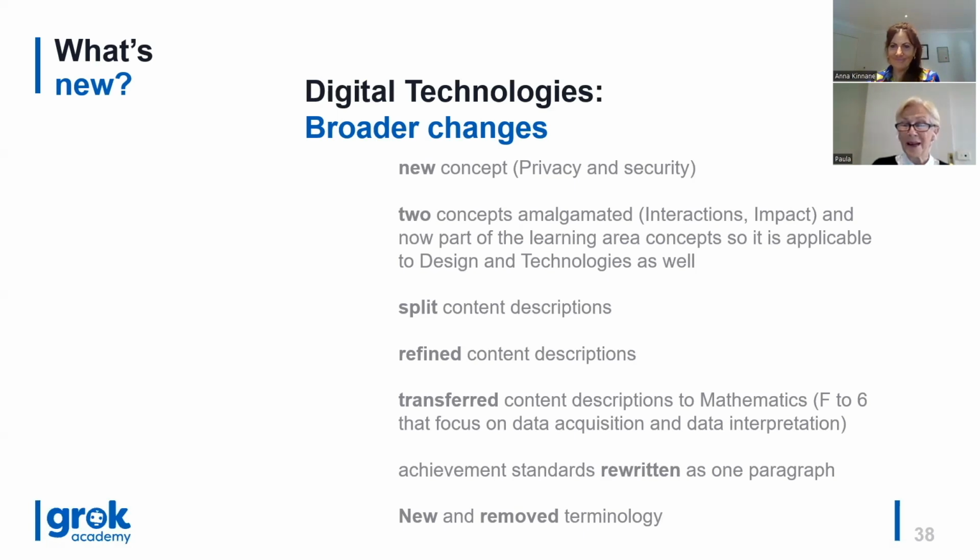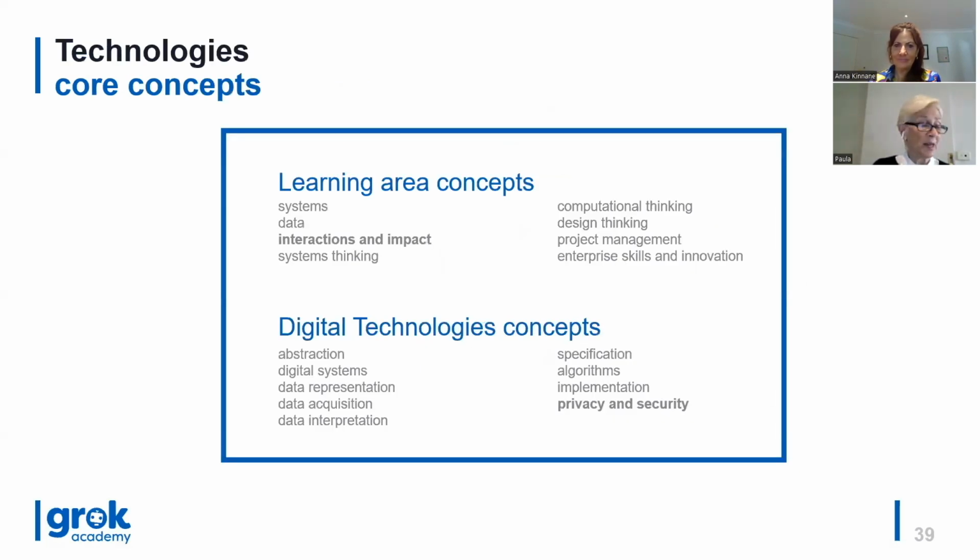In 8.4, it sits both in digital technologies and in mathematics, but I will explain to you in a moment how it's treated in version 9. The achievement standards have been rewritten as one paragraph. In Digi, they have always been two in version 8.4, and there's been some new terminology. So let's have a look now at each of these in a little bit more detail.